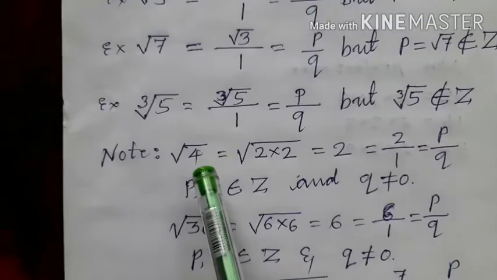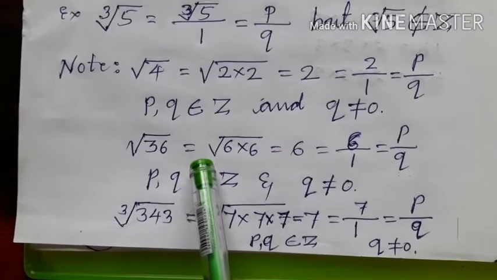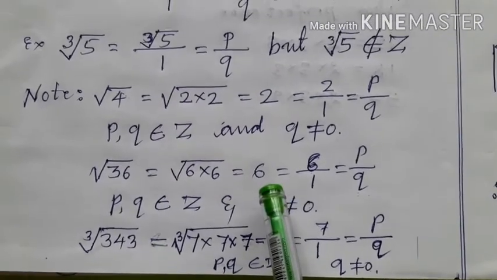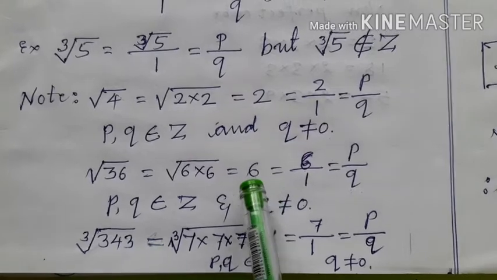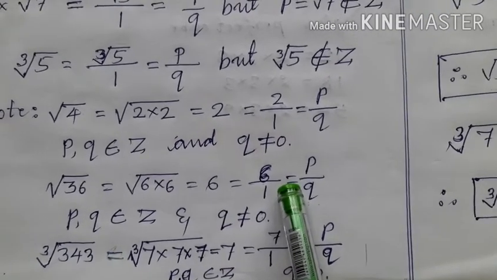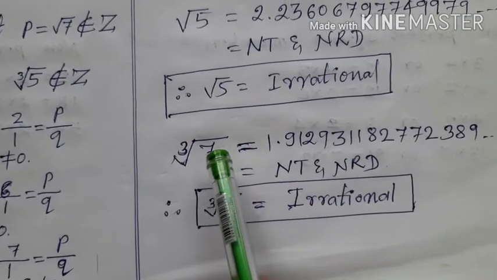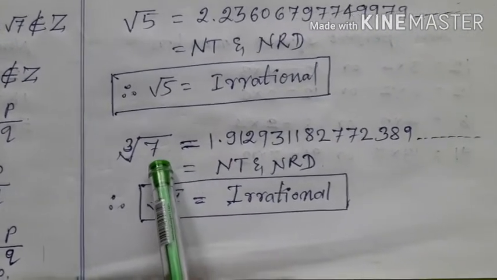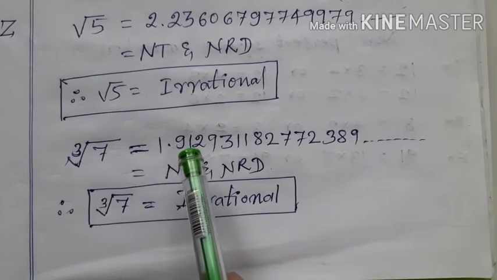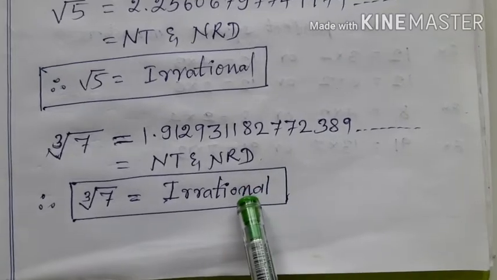Okay? But here also, under the square root mark, we have written 36. But the square root of 36 is not non-terminating and non-repeating. Here it is 6, which is rational. Okay? And look at me here. Under the cube root mark, I have written 7, and its cube root is a non-terminating and non-recurring decimal, which is irrational.